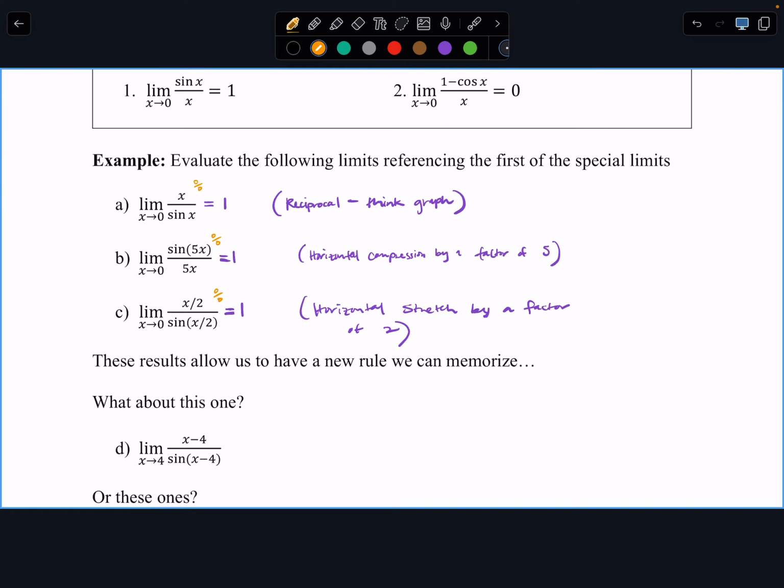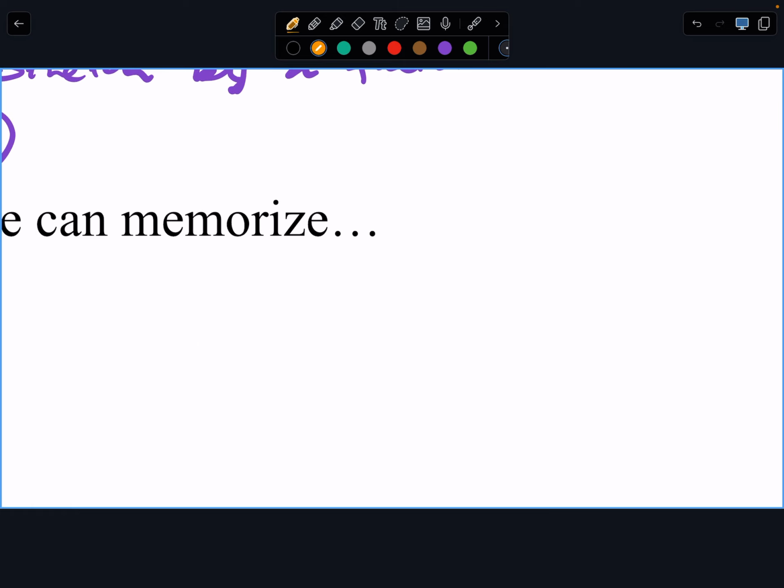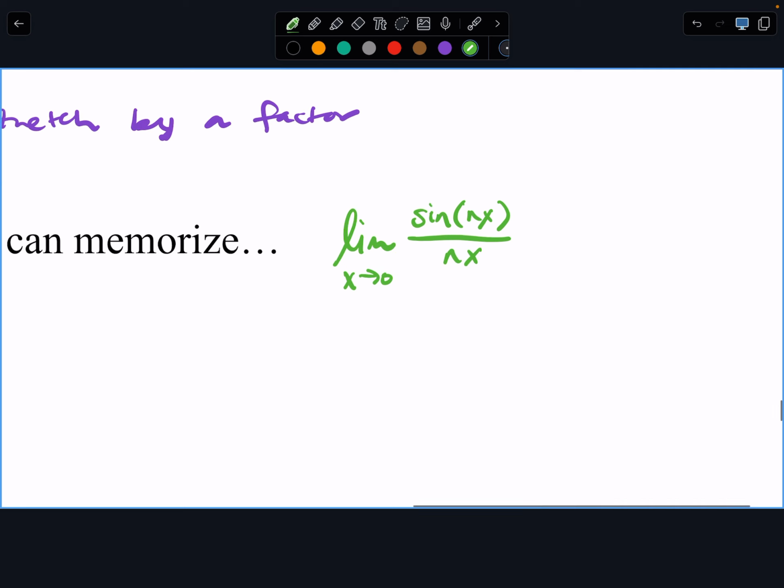And then same thing with the reciprocal, right? So we could use the limit as x approaches 0 of sine of n times x over n times x will be equal to 1. So if there's a horizontal stretch or compression, it's not going to change what the limit is. And then this also follows for the reciprocal.